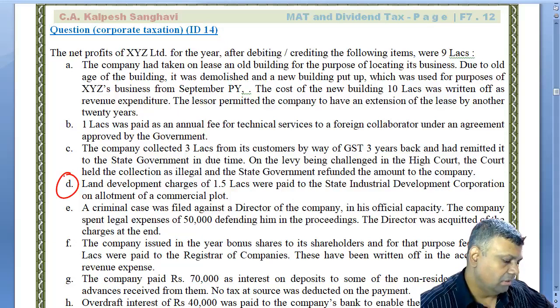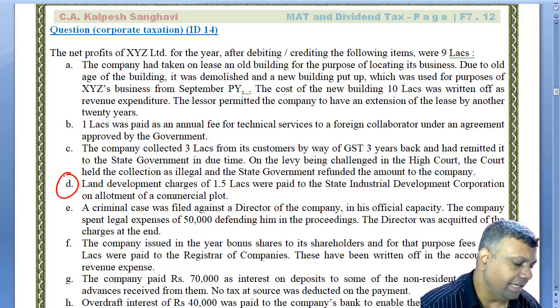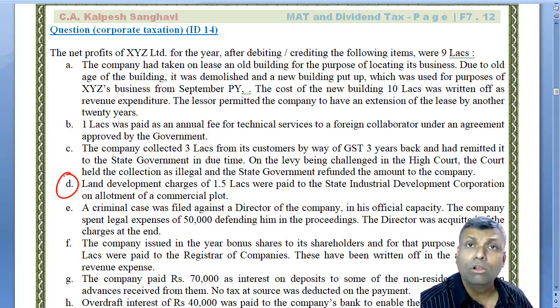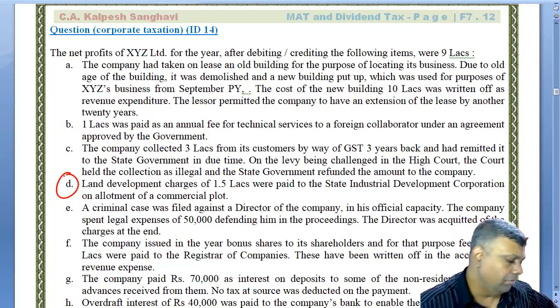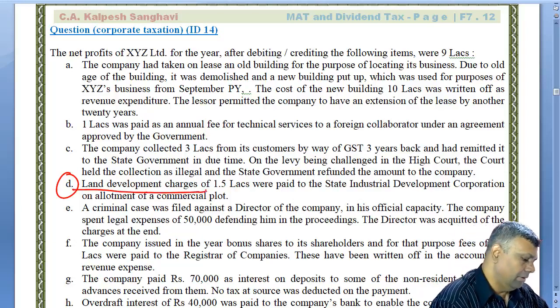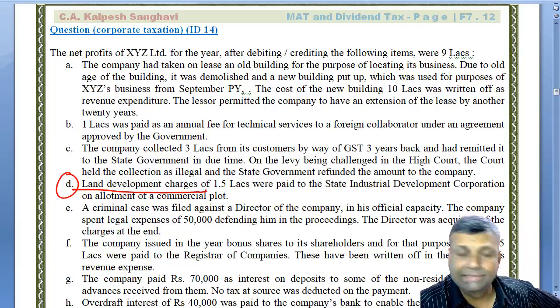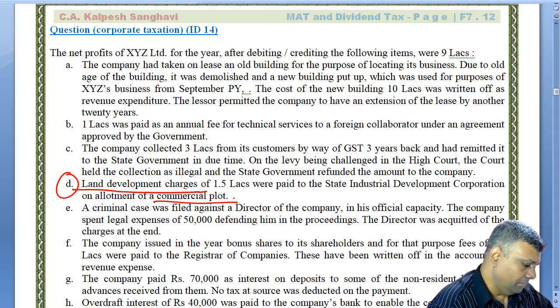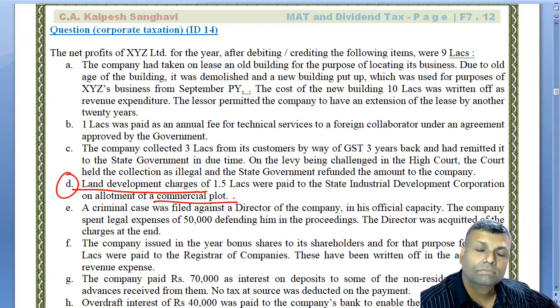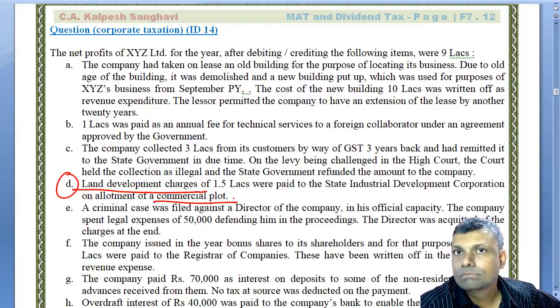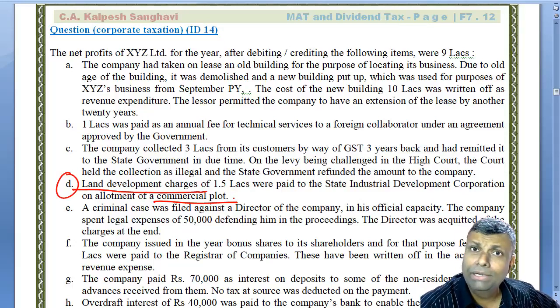Land development charges of 1.5 lakhs were paid to the State Industrial Development Corporation on the allotment of a commercial plot. We call it the land development charges. Is it a capital expenditure or a revenue expenditure?